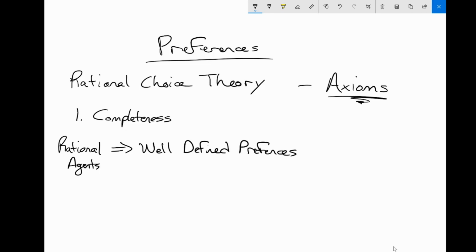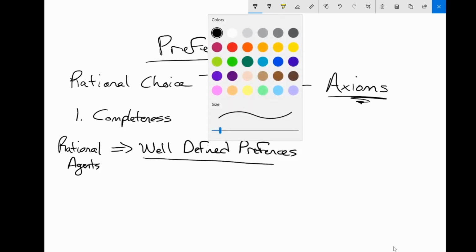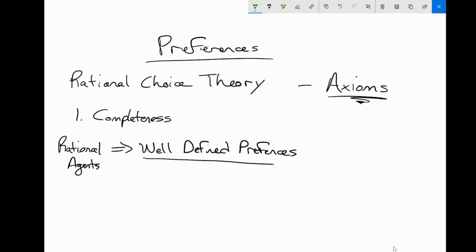For me to present exactly what this means, allow me to define some terms. I'm going to use some letters: A, B, C, and D. Each one of these letters stands for some good or some decision. Let's make a trivial example.